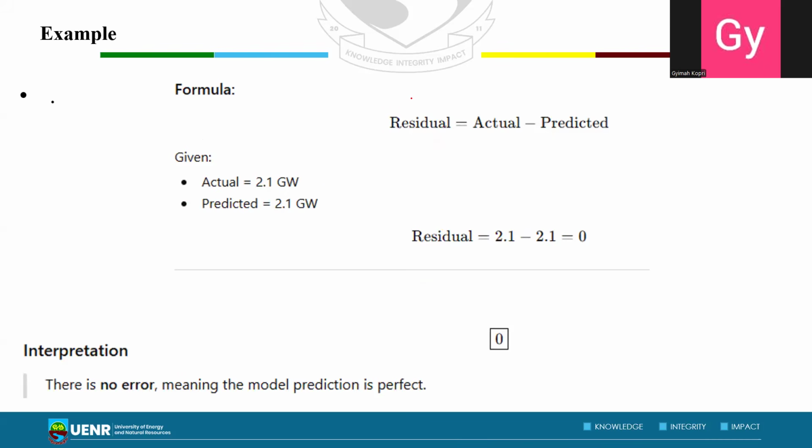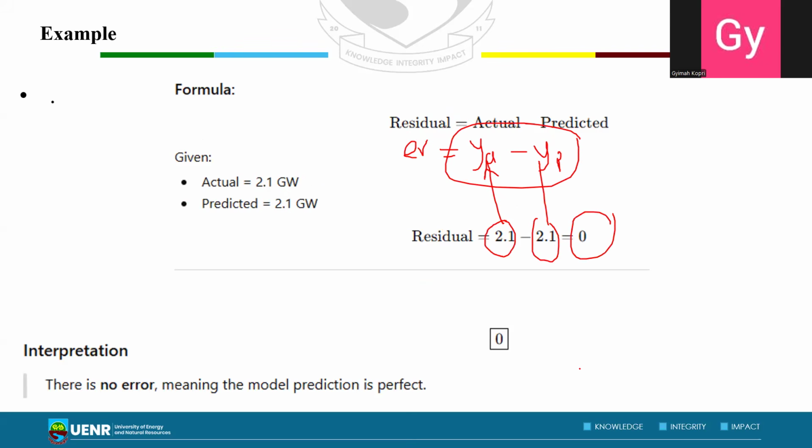So as I said, anytime you have something like this, you have to look for your error. The error is the same as the residual, which is given by the actual value minus the predicted value. And when I subtract, I have 2.1 as the actual one from the graph, minus the same 2.1 as our predicted value. So when we subtract, we get the error to be 0. As simple as that.